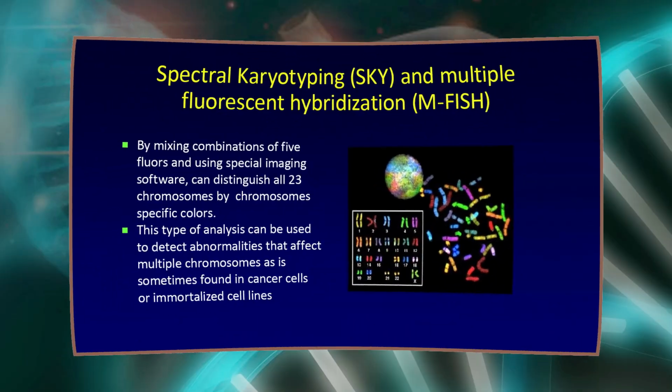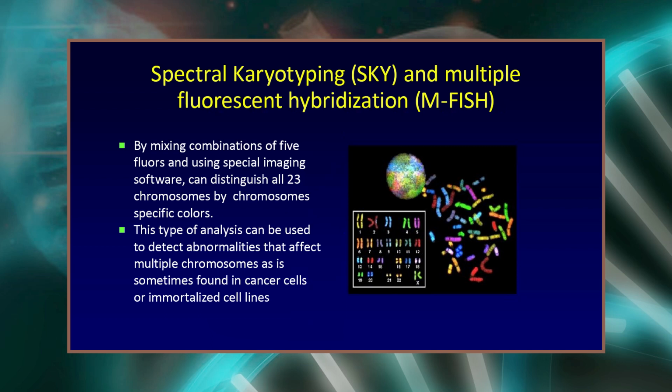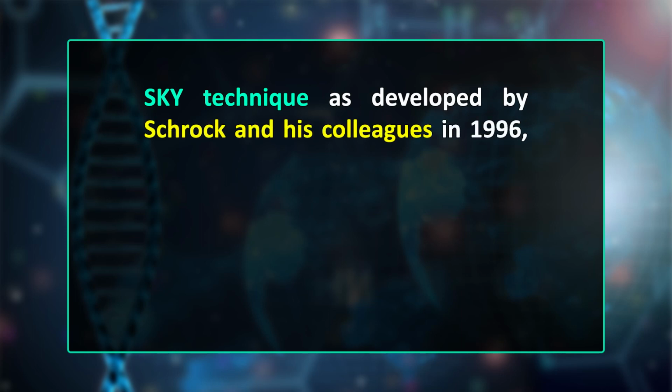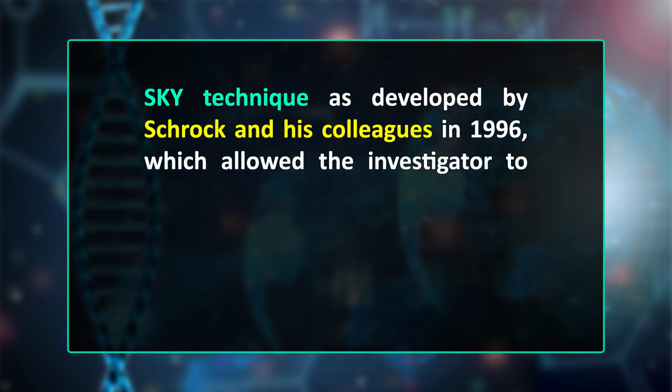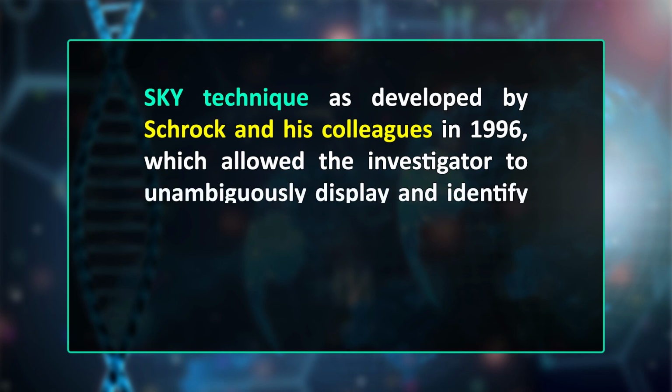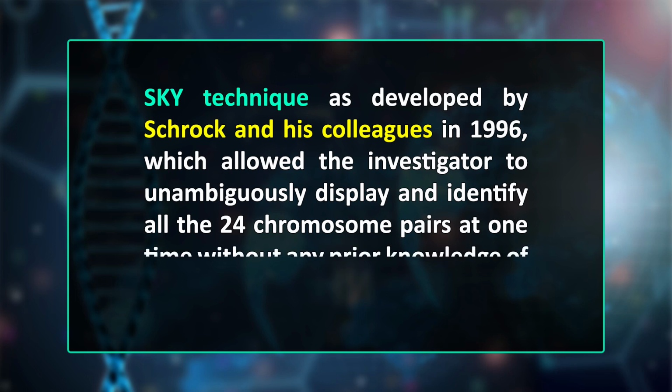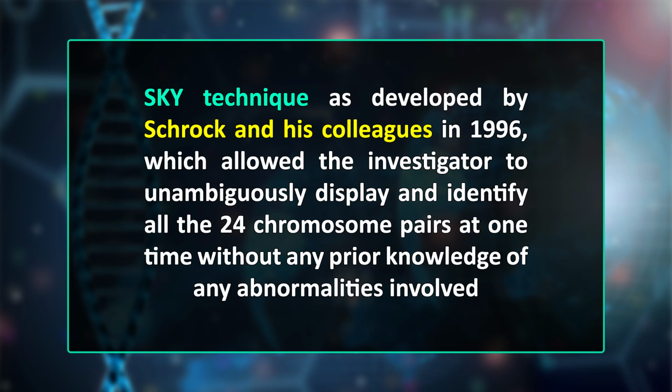Based on these principles, advanced techniques were later developed, such as spectral karyotyping or SKY, and multiplex FISH, that is M-FISH. The SKY technique was developed by Schrock and his colleagues, and it allowed the investigator to unambiguously display and identify all the 24 chromosome pairs, that is 22 autosomes and X and Y, without prior knowledge of any abnormalities involved.